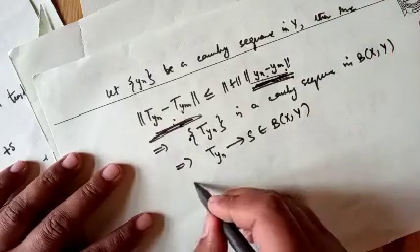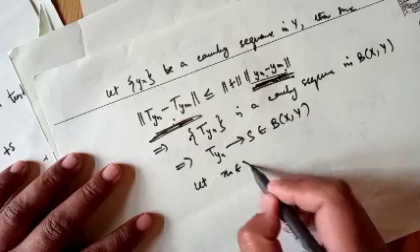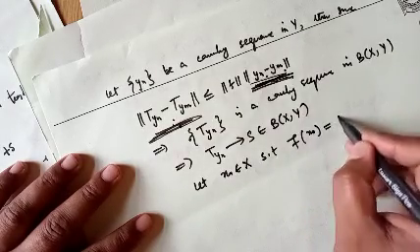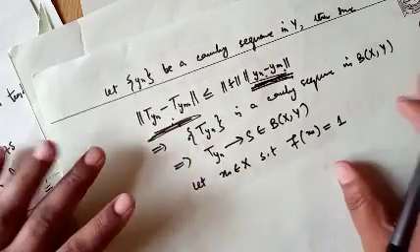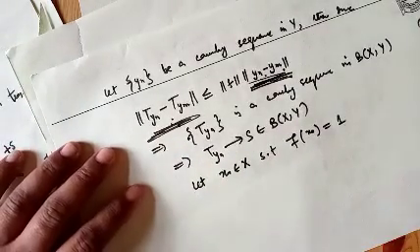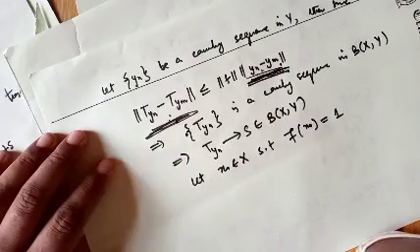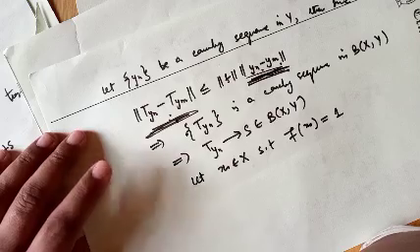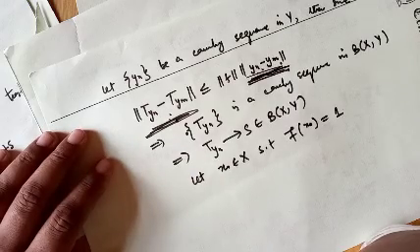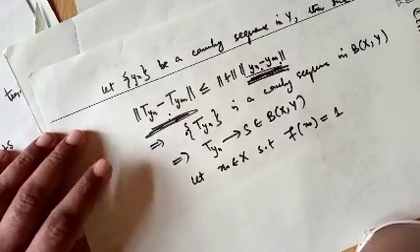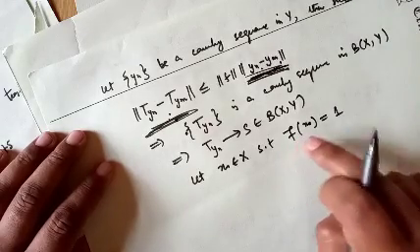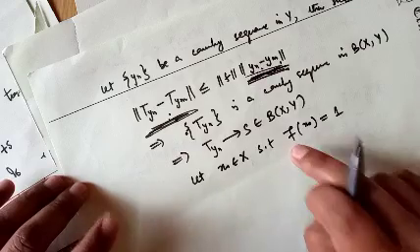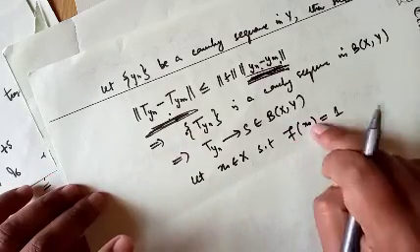So now we choose an x_0 belonging to X such that f of x_0 is equal to 1. We can always do that as long as the space is not trivial. If it was a trivial space, then there is nothing to prove. But if you have a non-zero vector, then you can always scale it. F is a functional, so I can choose f of x_0 to be 1.